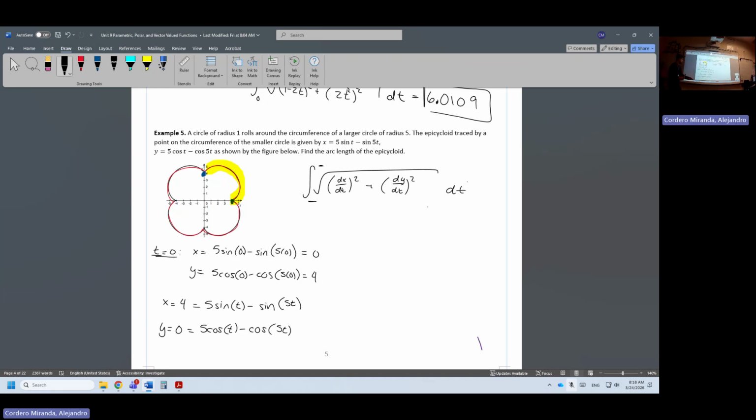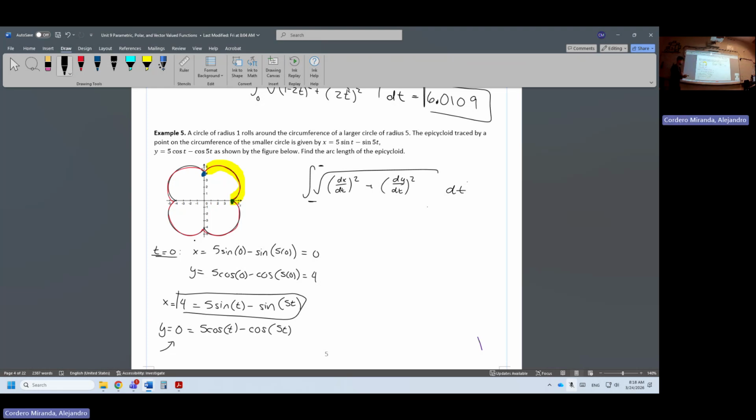Okay, but if you look at either one of these, they are not very intuitive to solve at all. I don't have a great idea of how to solve, especially this one. That seems hard to do. But this one, at least it's at 0. So I can try to think of where 5 times the cosine of t will be equal to cosine of 5t. But that's very, very hard.